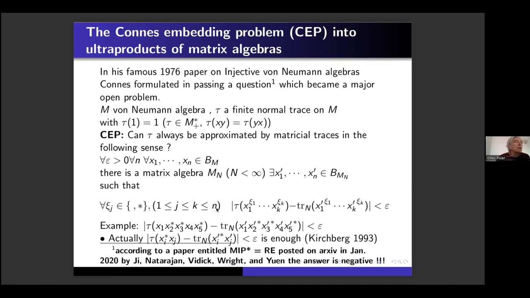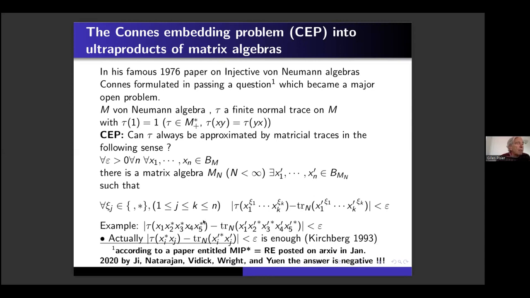You put a restriction on the degree of the monomial. So in other words, for any epsilon and for any degree of the monomial, you can find these x primes that do the approximation like this. Your trace is approximated by the other trace for all choices, for all places of the star.